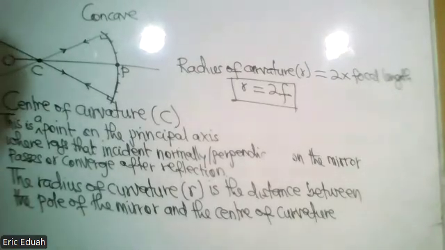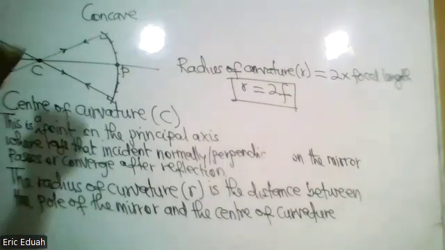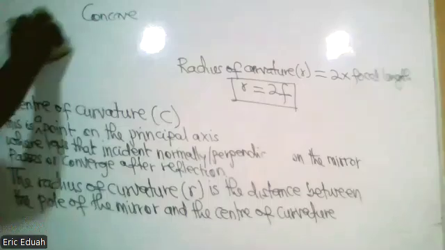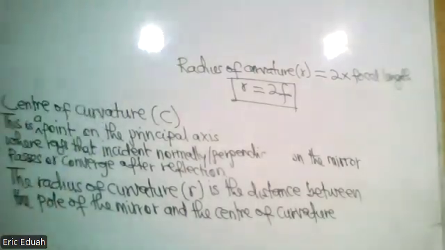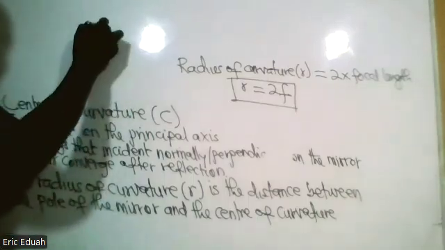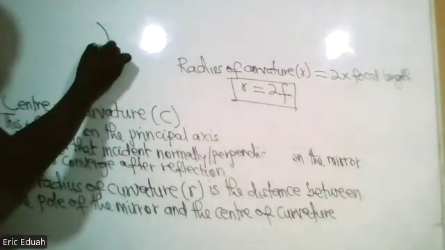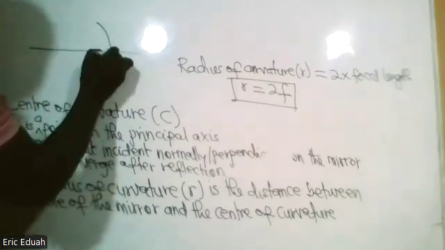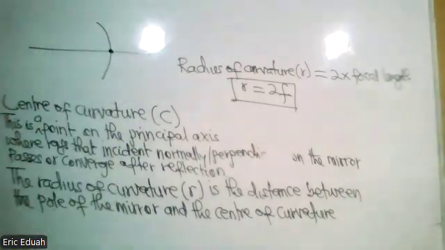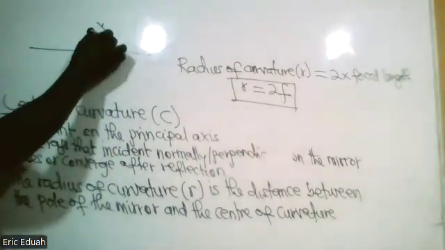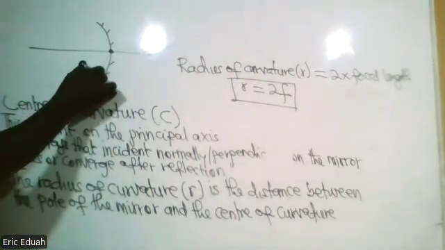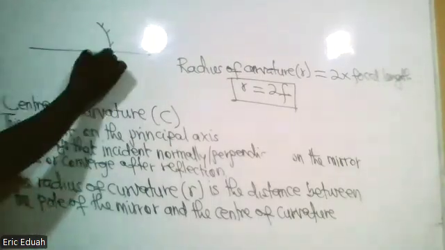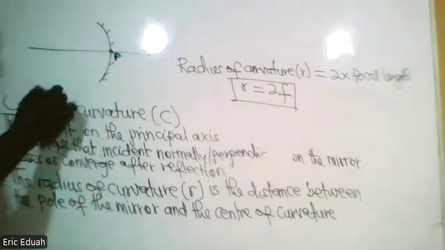So what it means is that for a particular concave mirror, this is the pole. That horizontal distance is the principal axis. All measurements are taken from the pole.